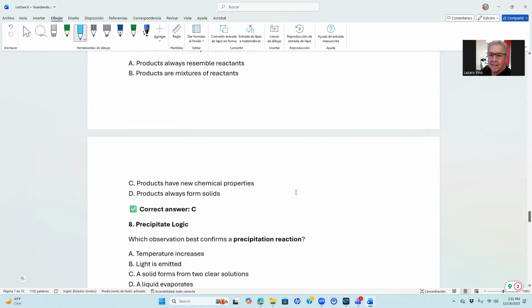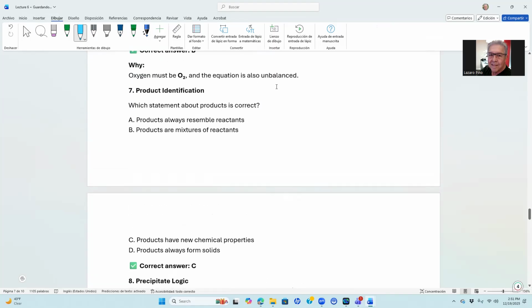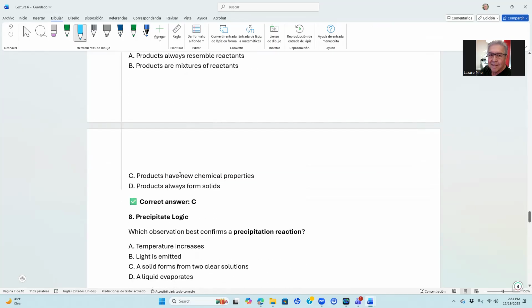Product identification. Products always resemble reactants? No, not necessarily. Products are mixtures of reactants? No, not necessarily. Products have new chemical properties? Yes, that's true.